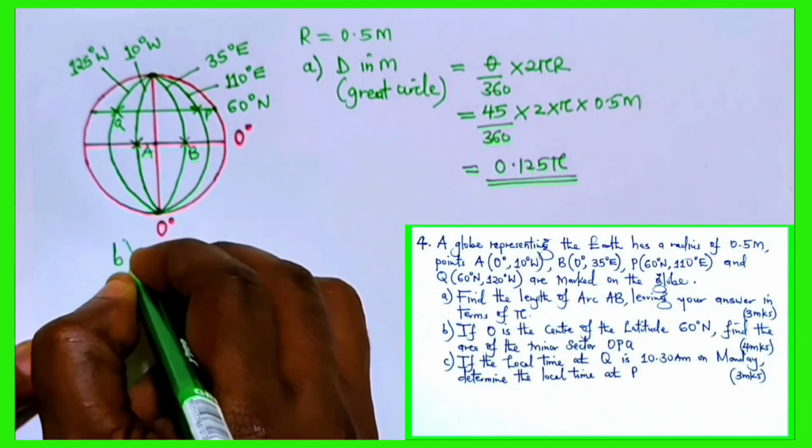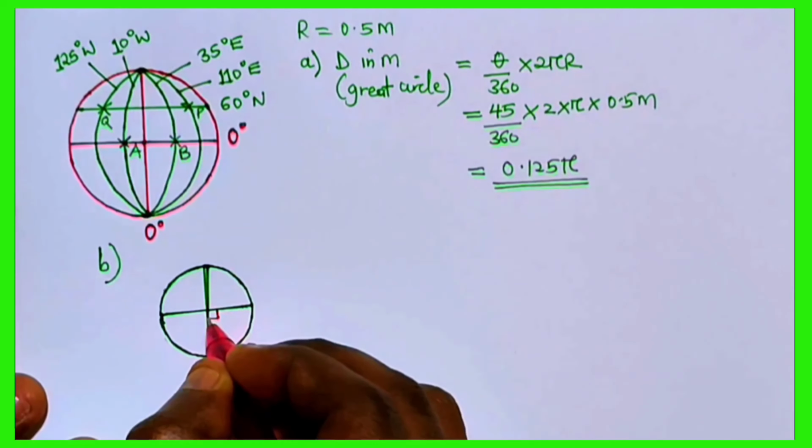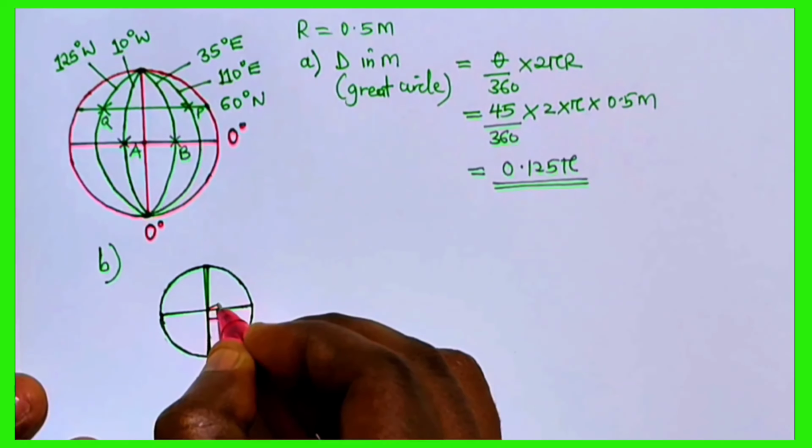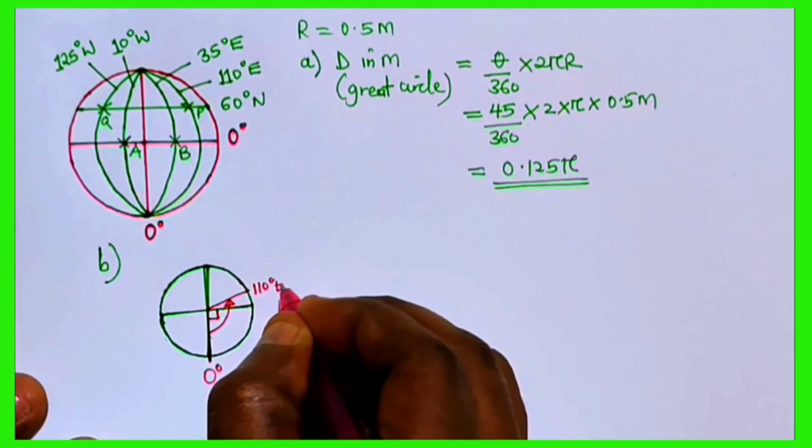So I can have here 0 degrees. And then we know that point P is 110 degrees east. So it will be greater than 90 degrees. It will be somewhere here. So the angle 110 is this one here. So this will take us to 110 degrees east.